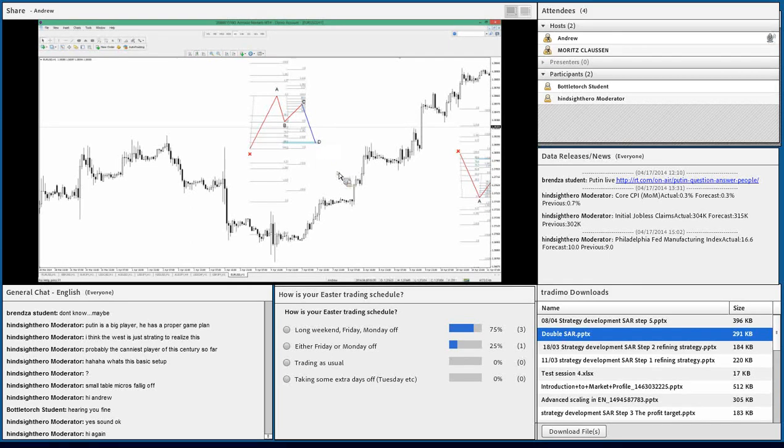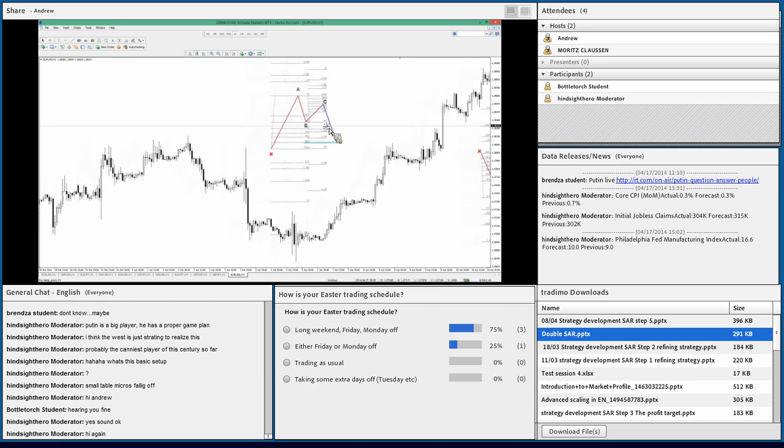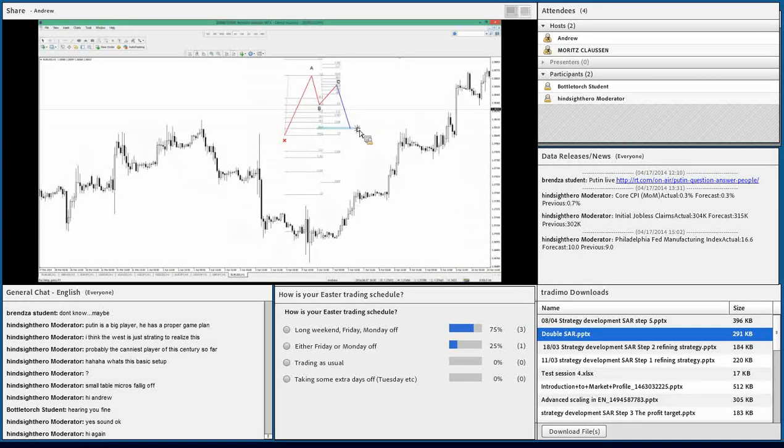Now, how do we go about trading the pattern? There are different ways of trading the pattern in terms of entry, stop loss, and take profits. In terms of entry levels, once I've got point D marked on my chart, so I've got the area marked up, and that's where I'm keen to look at doing business.